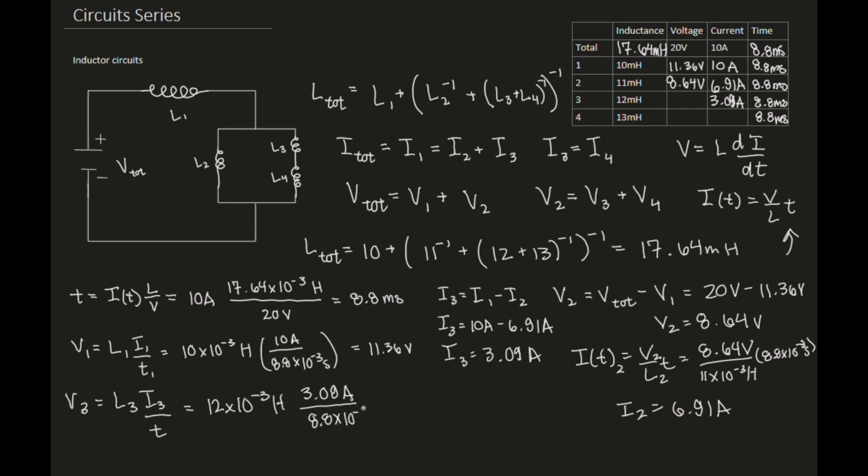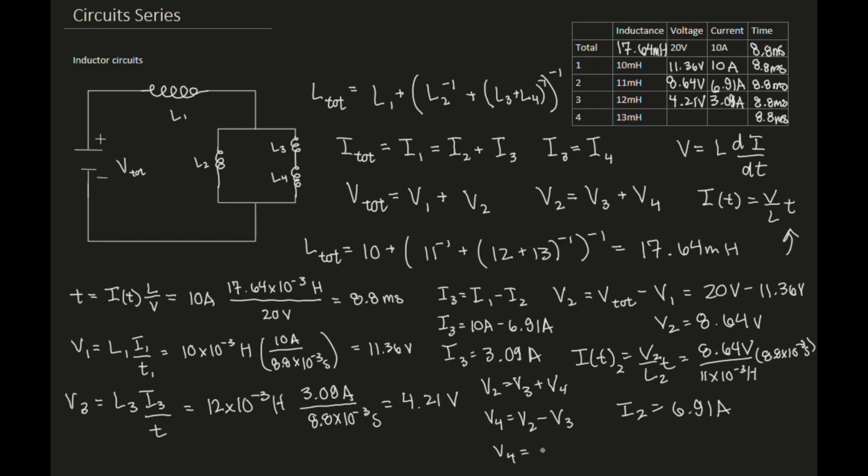And I get that my voltage across 3 is something like 4.21 volts. I then know that V2 equals V3 plus V4. So V4 equals V2 minus V3.